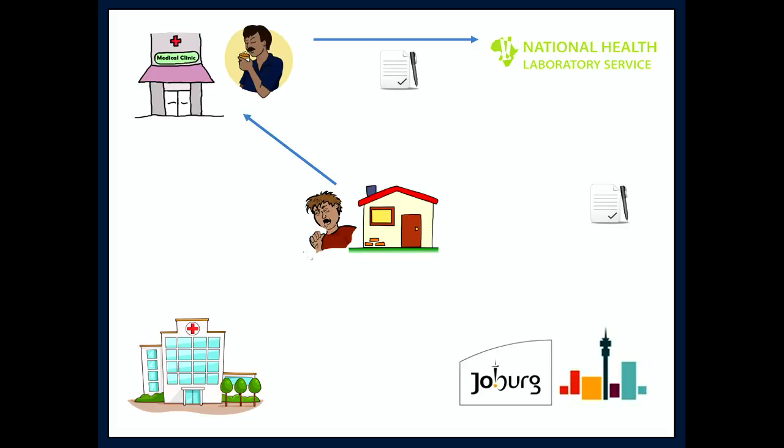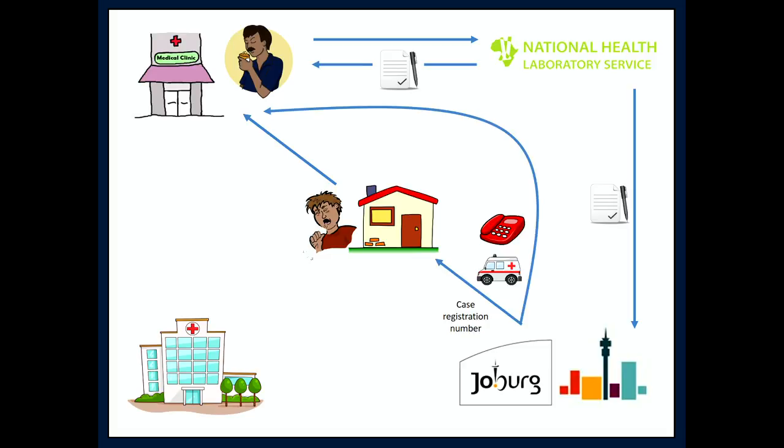That is then sent to the National Health Laboratory Services for testing. The result is then sent back to the primary healthcare clinic, as well as to the City of Johannesburg TB coordinator. A case registration number is then assigned, and the district TB coordinator is then notified of the result.